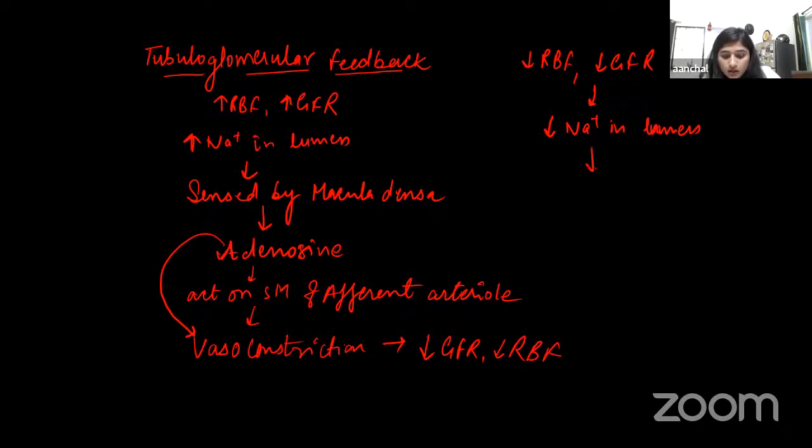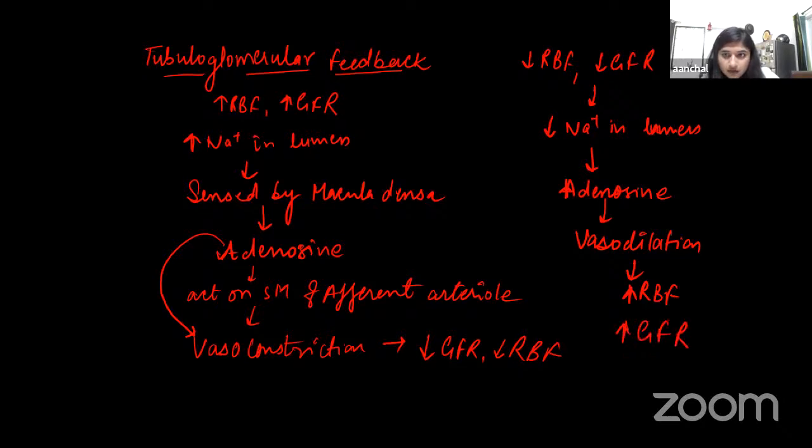So this is also sensed by this macula densa, and ultimately there will be role of adenosine, which causes vasodilation, and there will be increase in renal blood flow and increase in GFR. Okay. So this is all about the tubuloglomerular feedback.